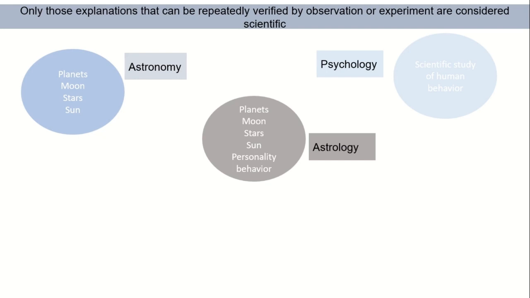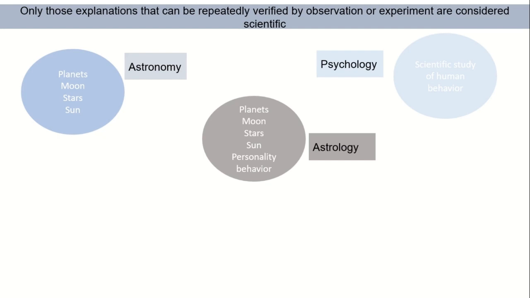The purpose of astronomy is to explain and predict things about the universe, stars, and planets. The purpose of astrology is to understand planets, moon, stars, and sun, to make predictions about personality and human behavior.